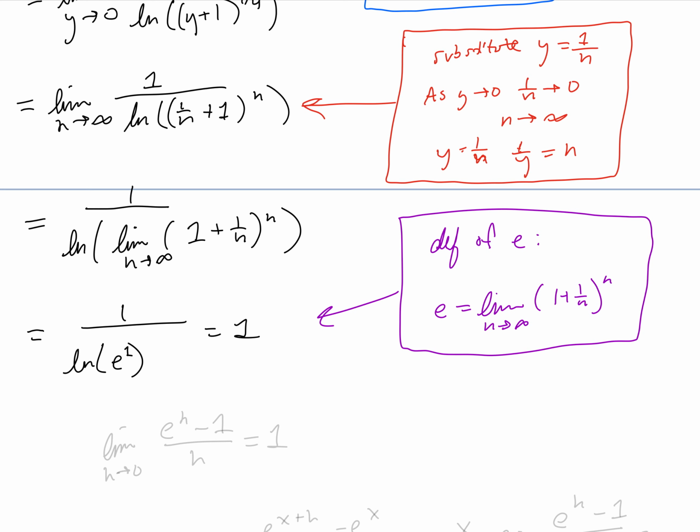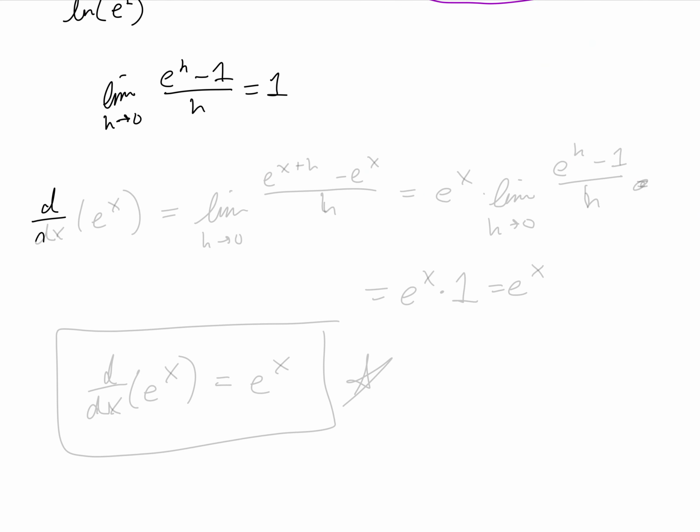And so we have shown that the limit as h goes to 0 of (e^h - 1)/h is equal to 1. Okay, so why did we want to do that? That was because we found that the derivative with respect to x of e^x was equal to the limit as h goes to 0 of (e^(x+h) - e^x)/h, which we found simplified to e^x times the limit as h goes to 0 of (e^h - 1)/h.